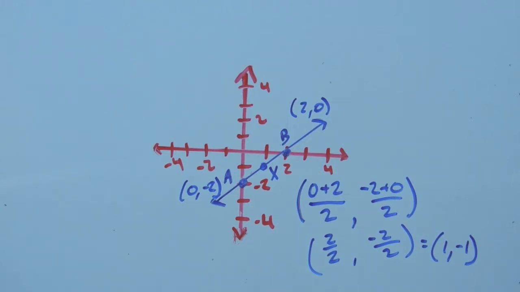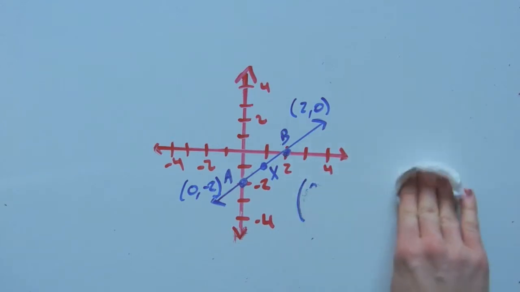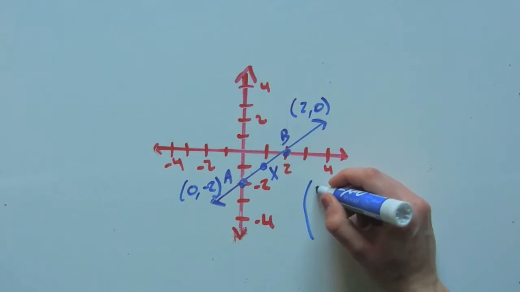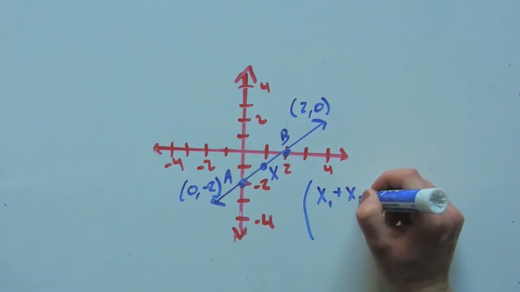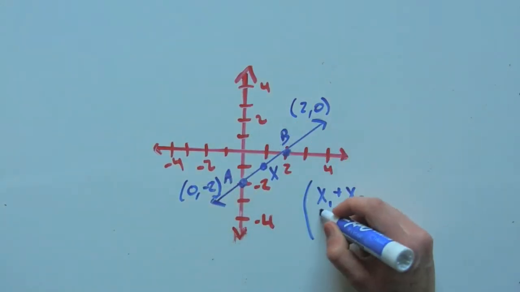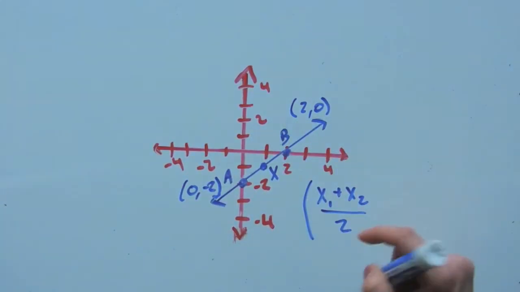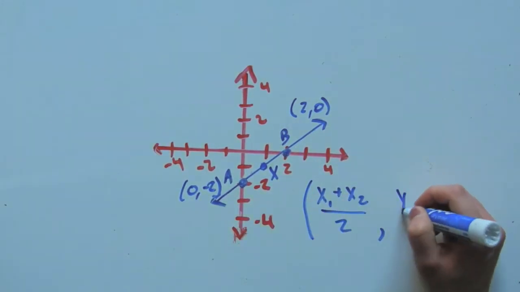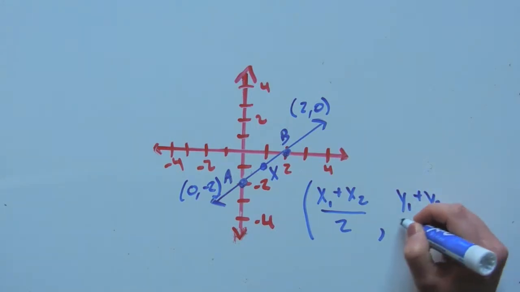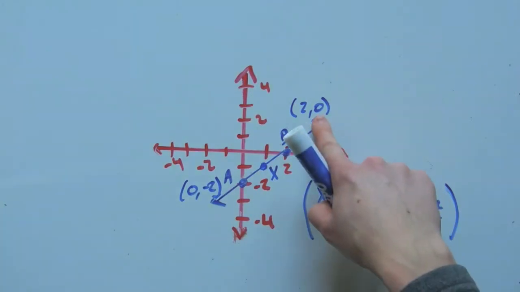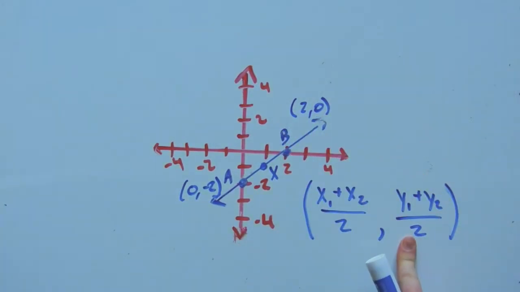A basic formula for midpoint on a coordinate plane would be x1 plus x2, so the coordinate of one endpoint and the coordinate of the other endpoint, all over 2, and that's the x coordinate of your new midpoint. And then y1 plus y2, all over 2. That's the y coordinate of one endpoint and the y coordinate of another endpoint divided by 2.